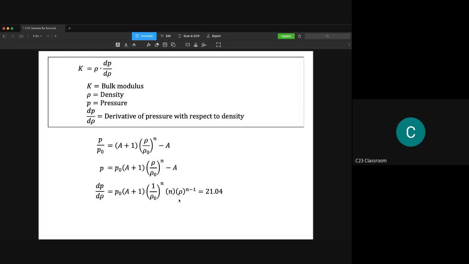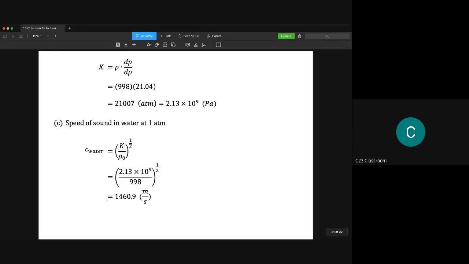We substitute the value and get 21.04 for the gradient of pressure over density. Then we can substitute into this equation. We have the value of density and the value of dP over d rho.